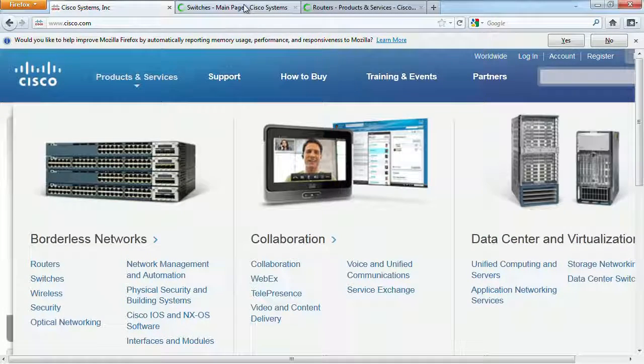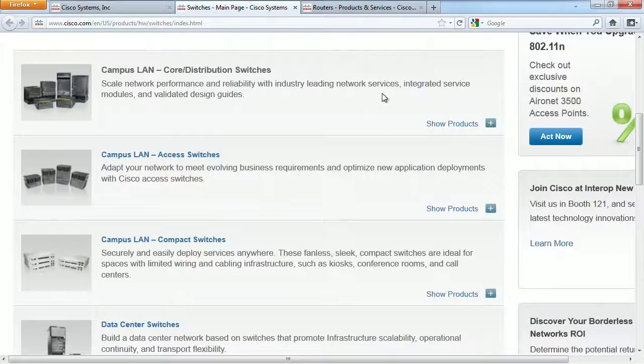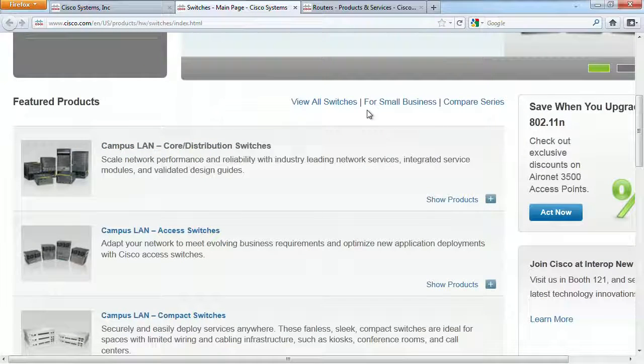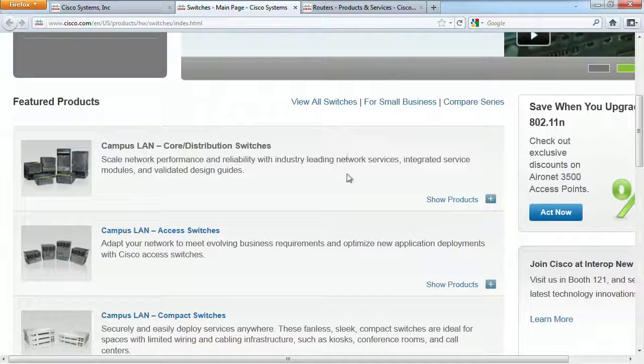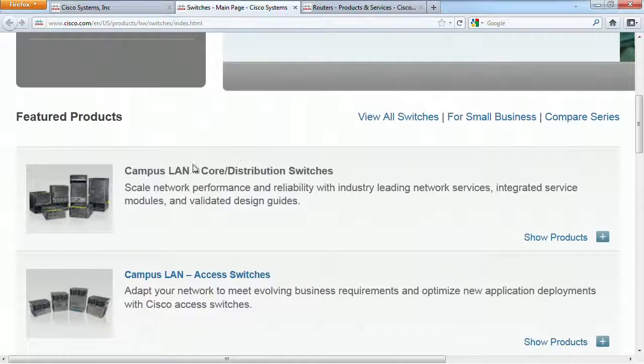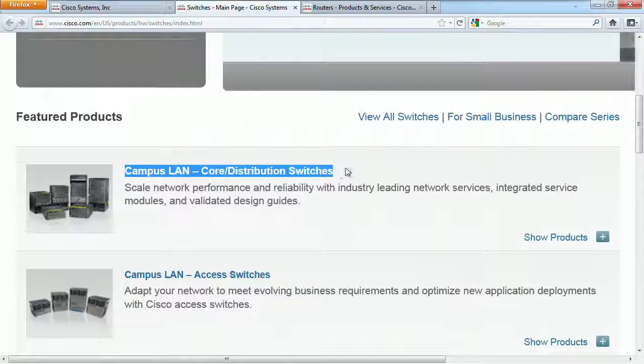If we look at the way that they categorize their switches, it does get a little bit more detailed than just the three levels that I talked about. But we have here what's known as the campus LAN core and distribution. This is generally going to be the higher end devices, which have more port density, basically the number of cables that you can plug into the device, and also more processing power, so they can handle more traffic in the network.